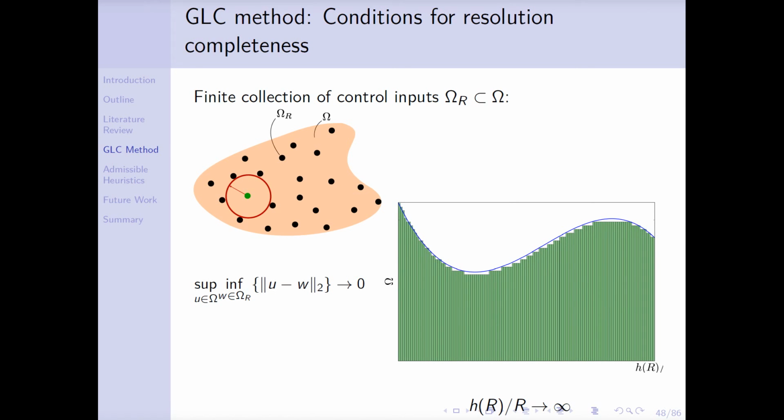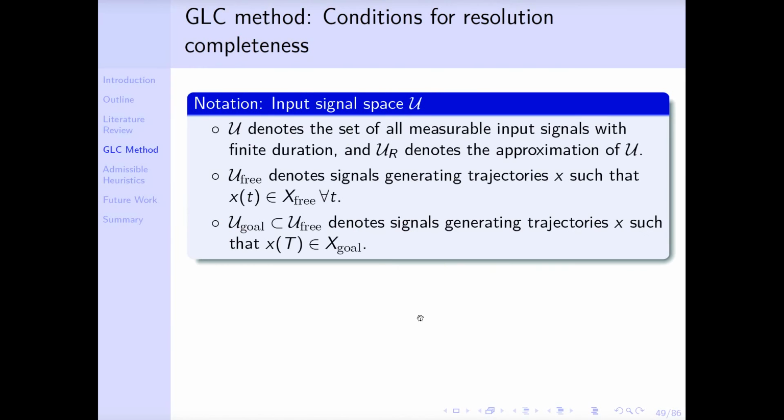Now the next thing we need to worry about is how well we can approximate the input signals that generate actual solutions to this problem. This requires that we gain some understanding of the topology of the set of solutions. To state the next result, I need to introduce some new notation. Let's say U is the set of all measurable input signals with finite duration that we're considering, and U sub R is this finite approximation that we have just constructed.